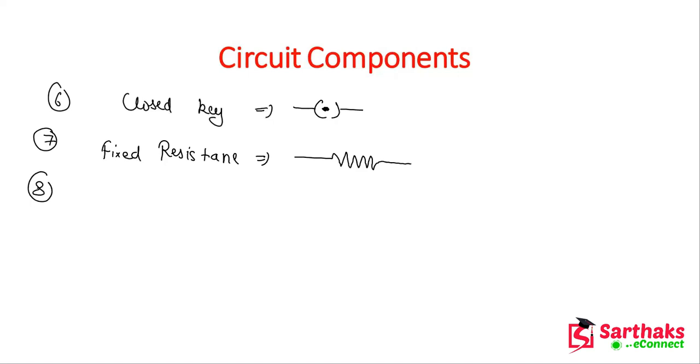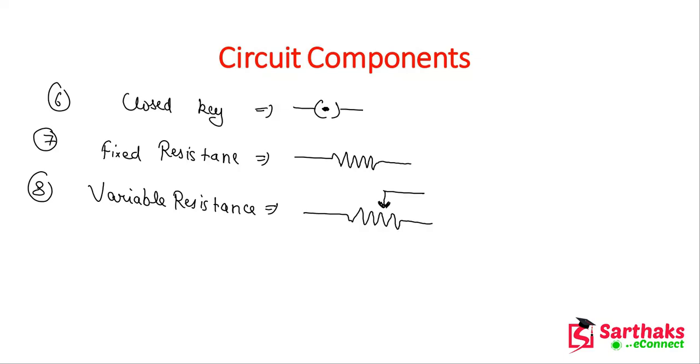And the next is variable resistance. Variable resistance can be denoted by the fixed resistance symbol, but we make an arrow down here to denote the variable resistance.